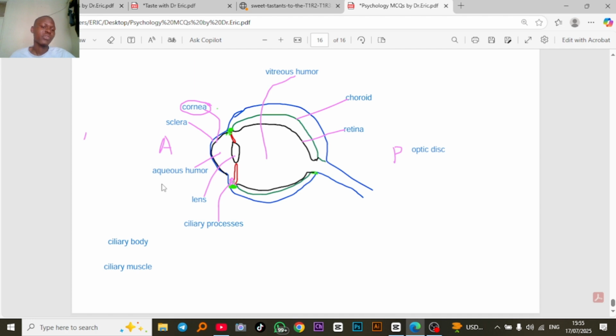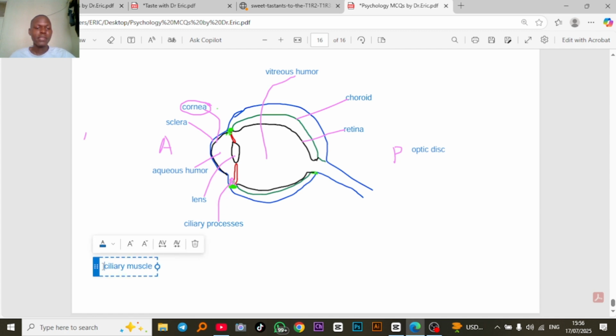That is, if it's too high, you find that the intracranial pressure will be very high. If it's too low, maybe due to obstruction in the path which it takes to reach this portion of the eye, you find that we have a low intracranial pressure.